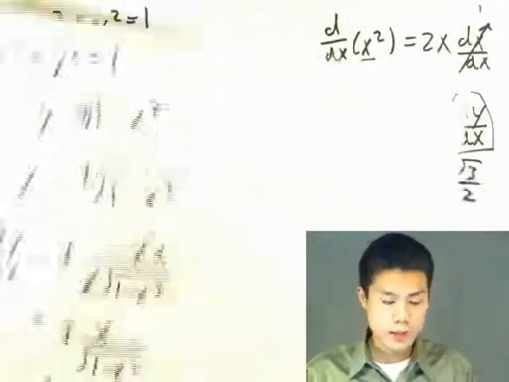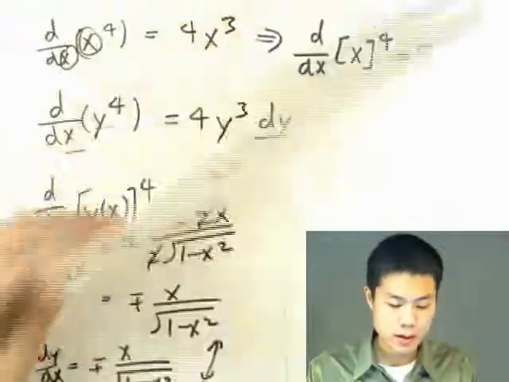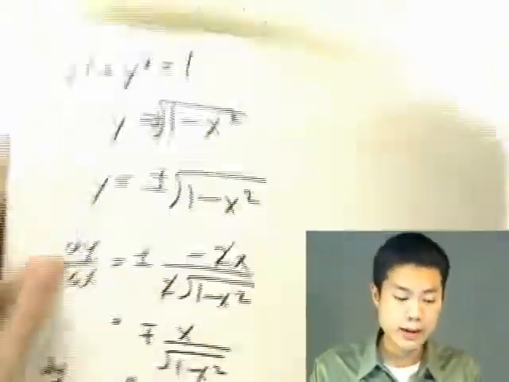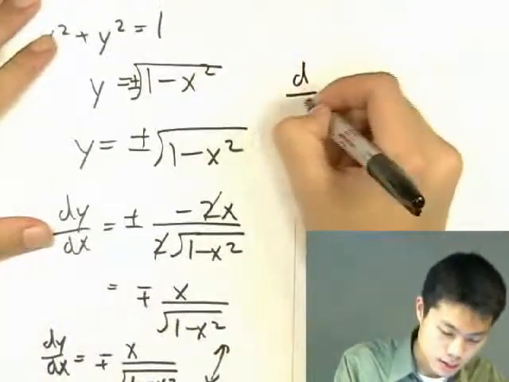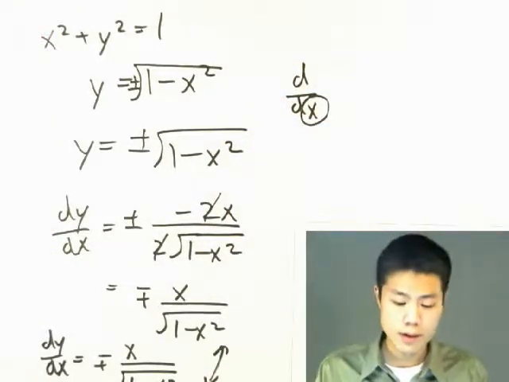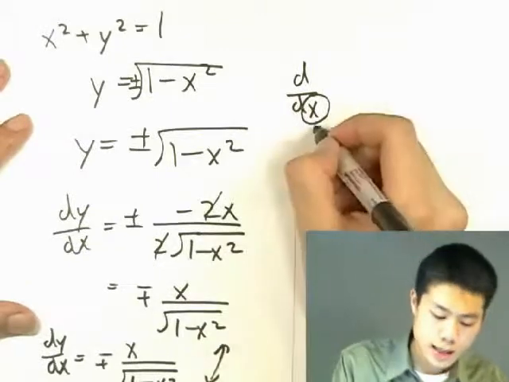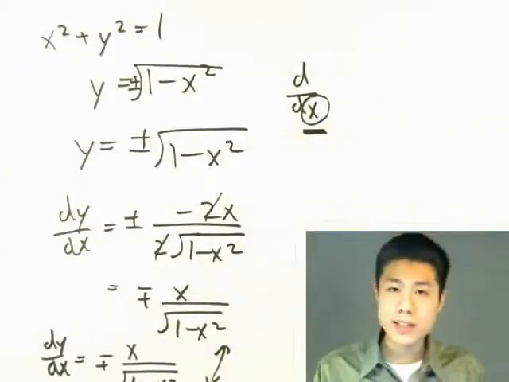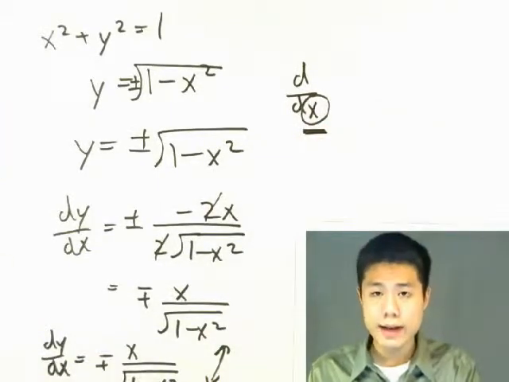Alright, so there are some key points to take away with you. The first thing is knowing what the variable on the bottom means. d over dx, that means that we're taking the derivative with respect to x.